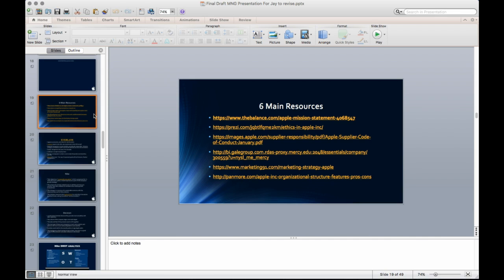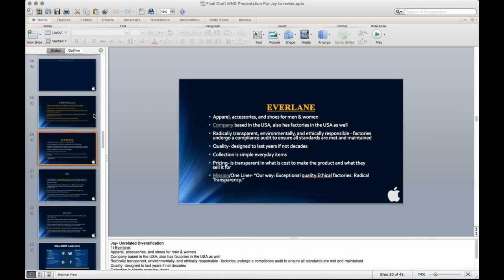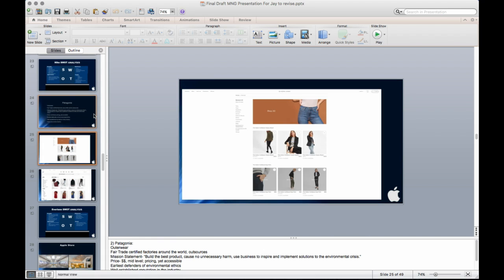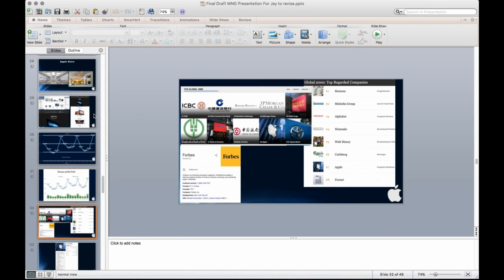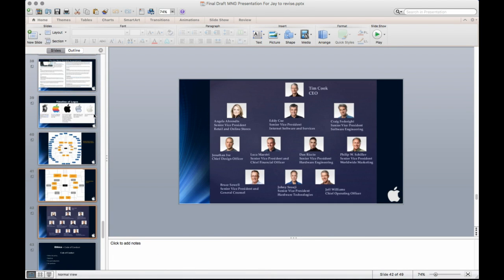There's also one for main resources, just in case Professor Cooper asks us, where are your links? Where's the slide of the links? And then we just give her this one. Jay also has to do the MLA part. I'm waiting for him to show me what he did. And then these are basically all the extra informational slides that we have.